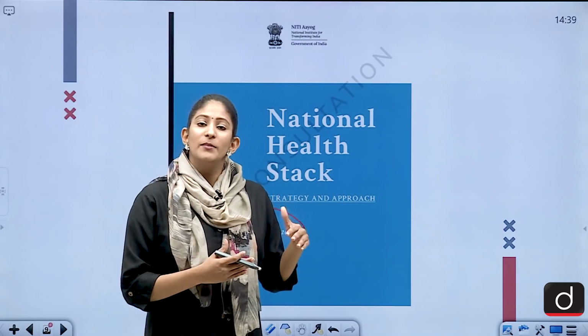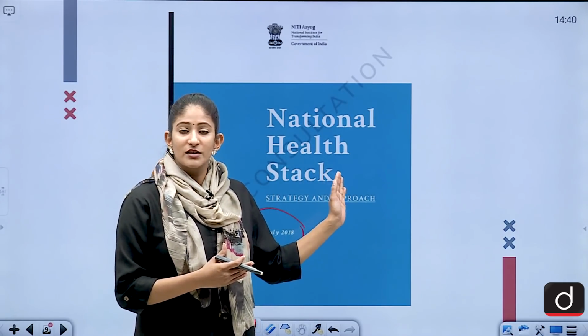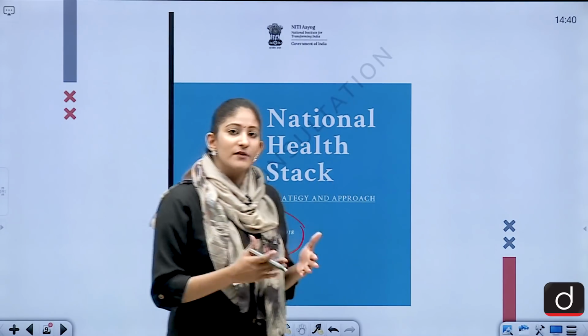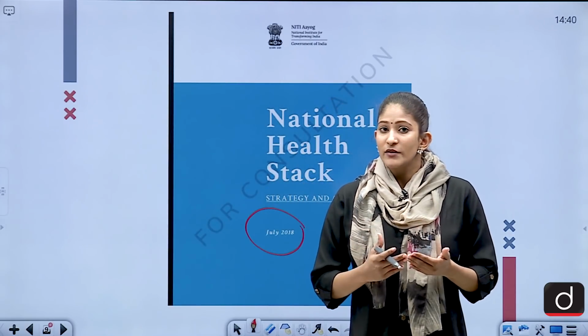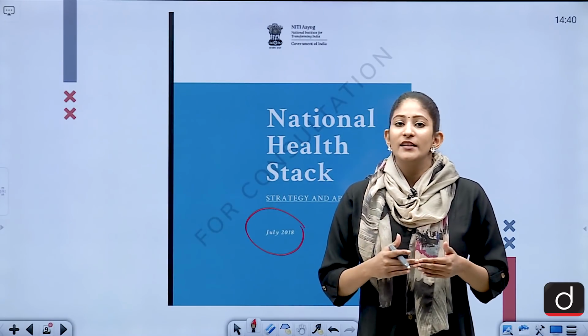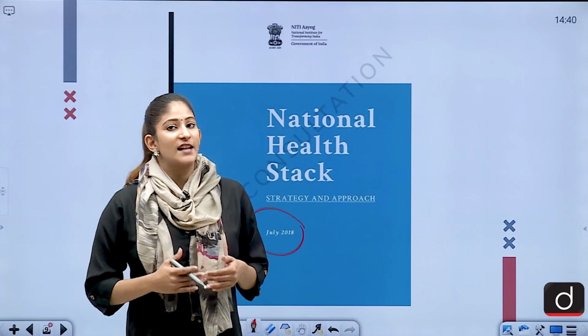In the sense, a public health insurance would be provided under the digitized ecosystem, and also take into account the diverse public health system in our entire country, the uniqueness of the public health system of our country, and also the political realities of our federal structure.